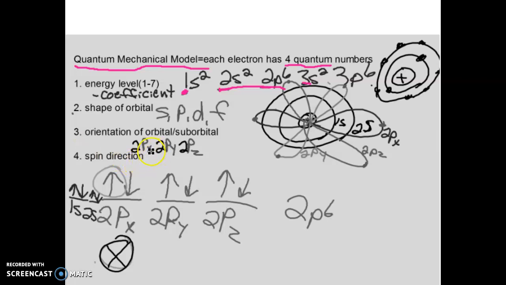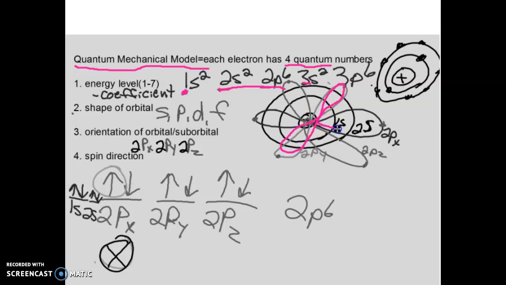Remember I said if we are talking about the 2p sublevel and we break that into 2px, 2py, 2pz, they're on different planes. That's what the x, y, and z are. For example, and I know this is a 2-dimensional drawing, one of the p orbitals is going up and down.